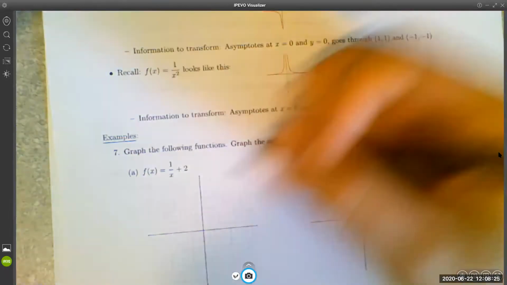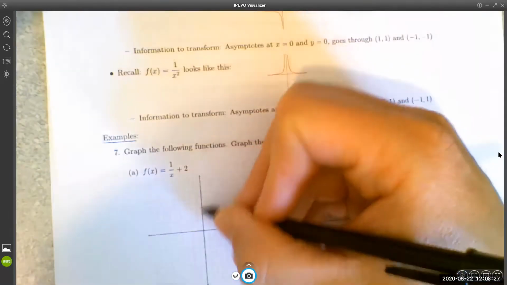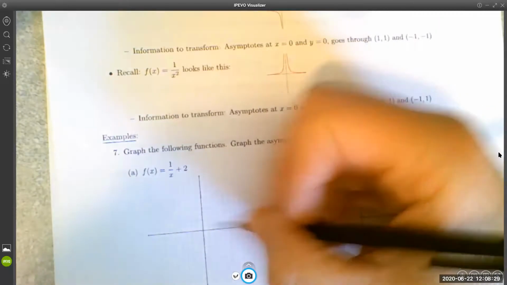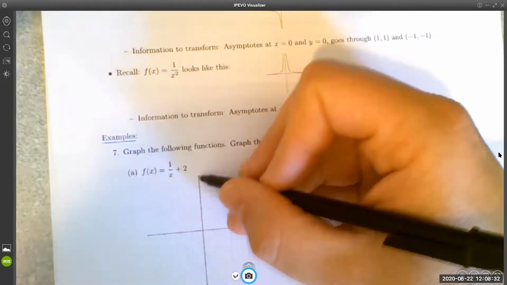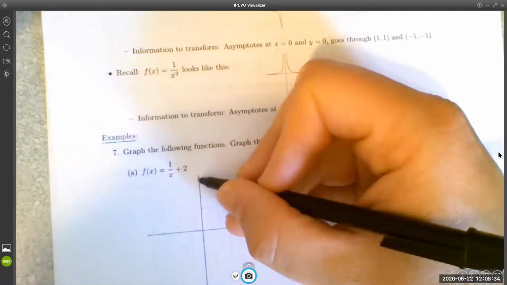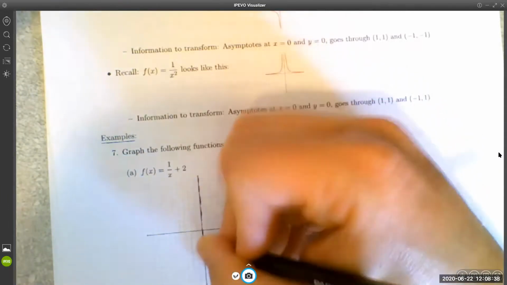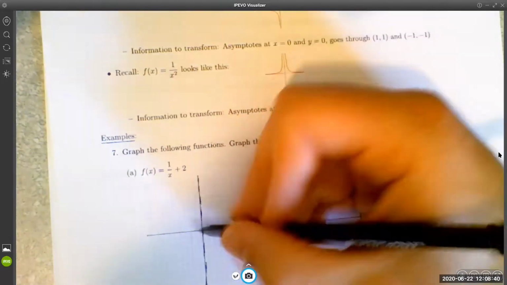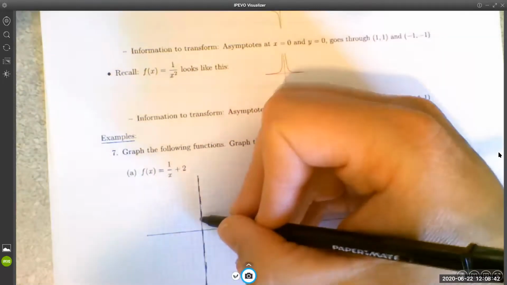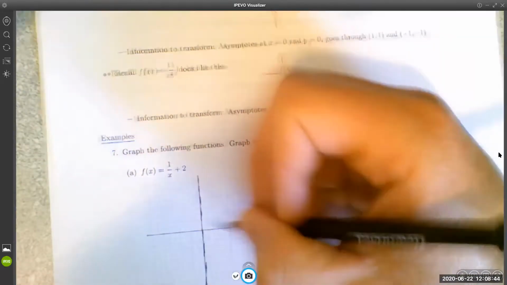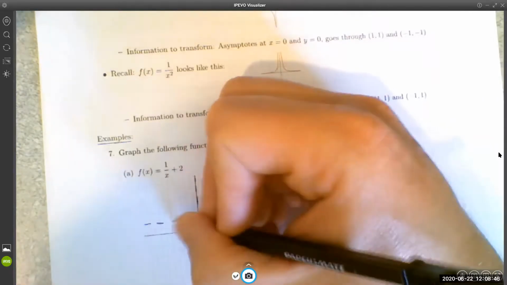So instead of having a vertical asymptote at 0 and a horizontal asymptote at 0, our vertical asymptote is going to be shifted up 2 units. Well, then it's still going to be a vertical asymptote at 0, right? Our horizontal asymptote is going to be shifted up 2 units. So instead of a horizontal asymptote at 0, now it's a horizontal asymptote at 2.